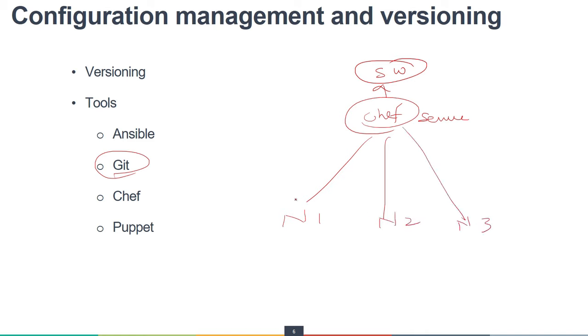We need to run a Chef agent on each, CA1, CA2, and CA3, and the Chef server and Chef agents communicate. The Chef server will pick up the new software version from the repository and deploy it on all the nodes with the help of the Chef agent on each node.